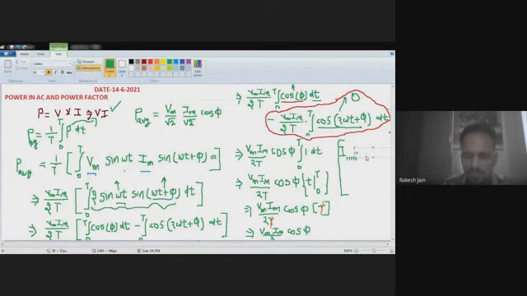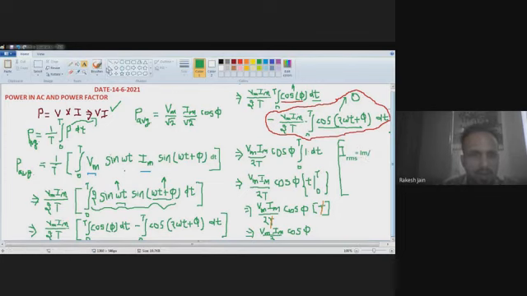So 0.707 is also known as 1 upon root 2. So Im divided by root 2 is my RMS value of current. It means this Im upon root 2 can be known as IRMS.